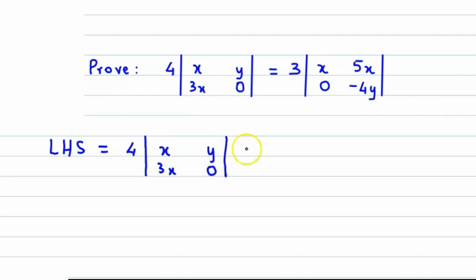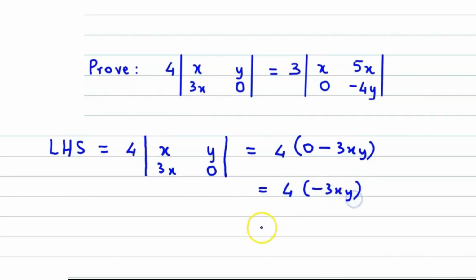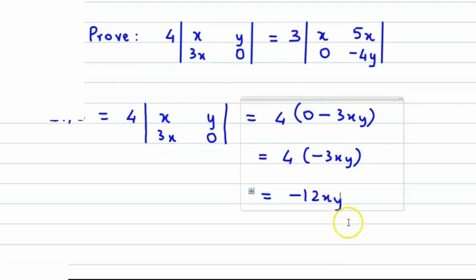Now we expand this, we obtain 4 times x into 0, that's 0, minus 3x into y, that's 3xy. So basically we have 4 times minus 3xy, which is equal to minus 12xy. So this is the value of the left hand side.